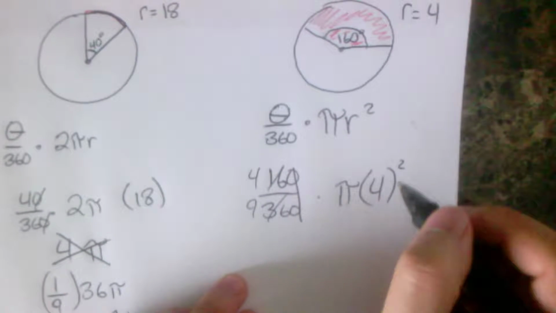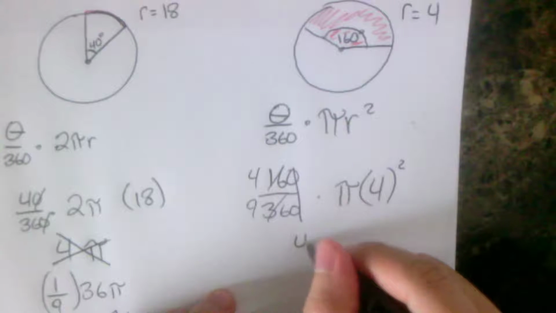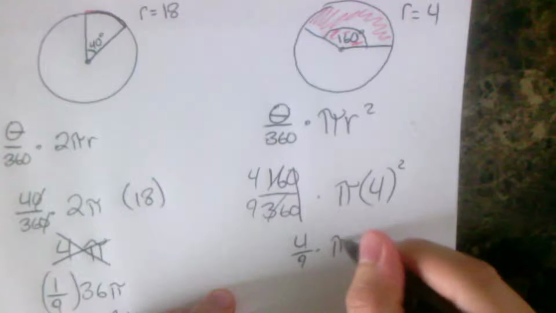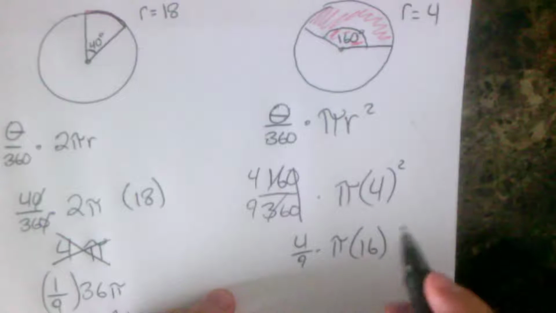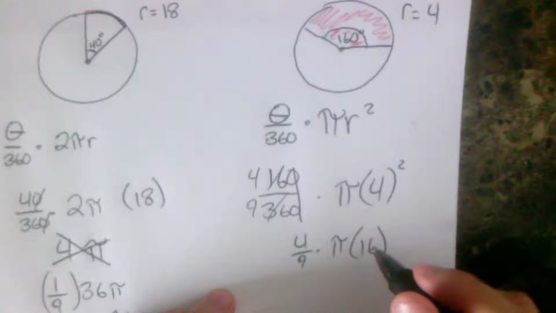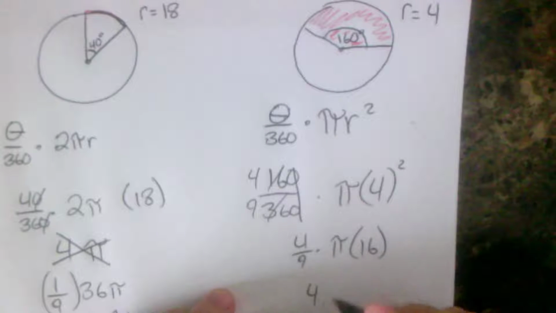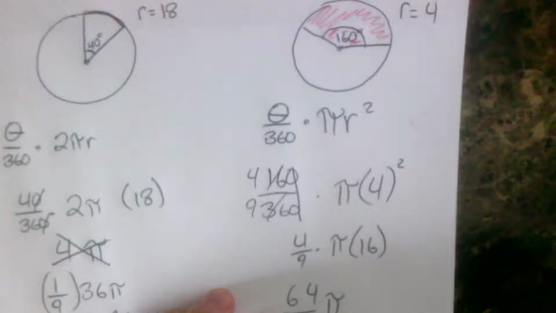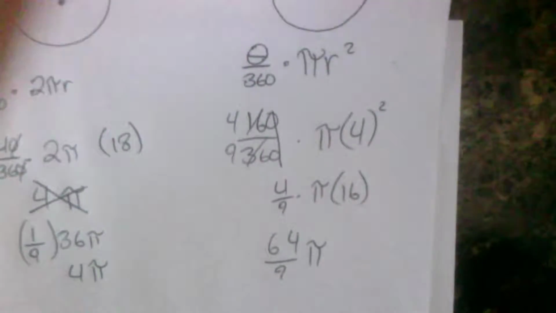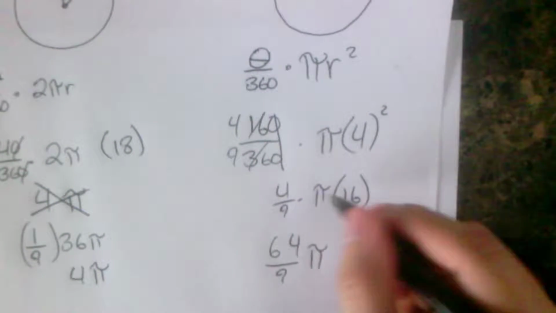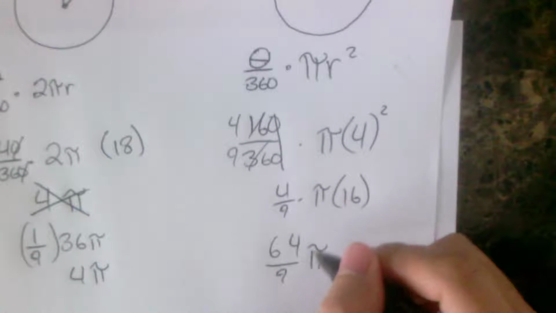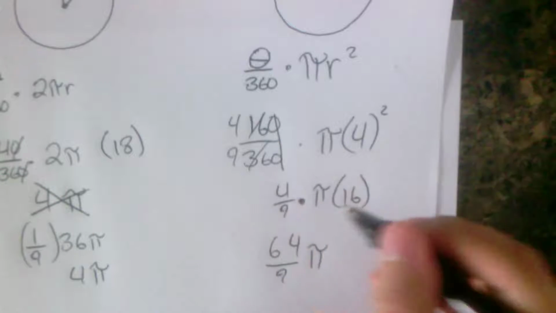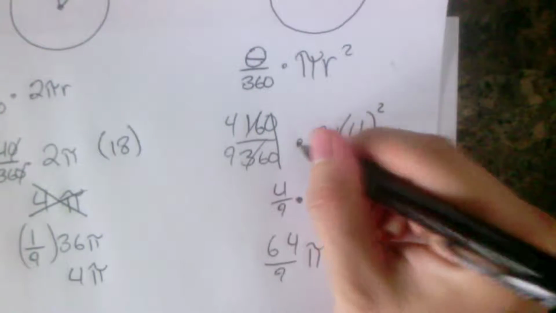And then 4 squared is 16, so this is like 4 over 9 times pi times 16. 16 times 4 is going to give us 64 over 9. And then we'll just go ahead and tag pi on. So again, all I did was multiply 16 times 4, which gave you 64, and then it's still over 9, and then times pi. Okay? So that's how to do it by hand.